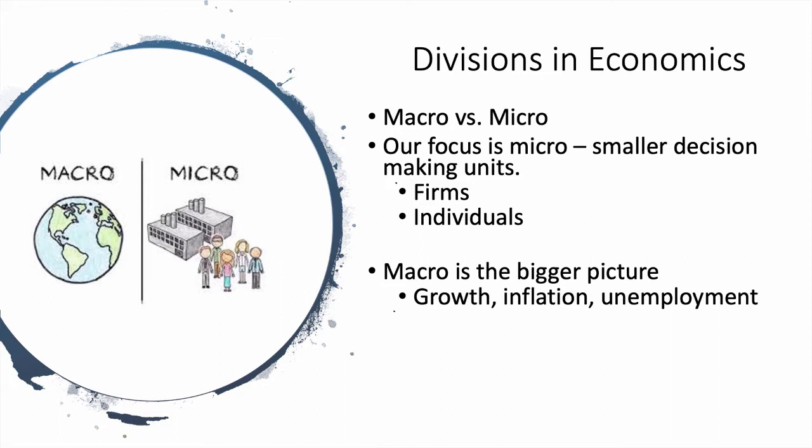Local newscasts, your Pittsburgh local news, are going to focus more on the micro things, more on the things that are happening at the local level. So we divide economics up into these two different sections. We analyze them somewhat differently, but both the micro and the macro still rely upon those foundations that we talked about before.